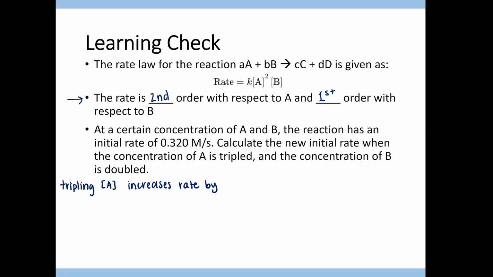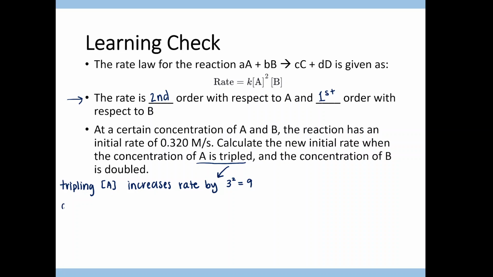Well, that 3 is squared, so this actually increases the reaction rate by 3 squared, which is 9. So this is the result of the concentration of A being tripled.